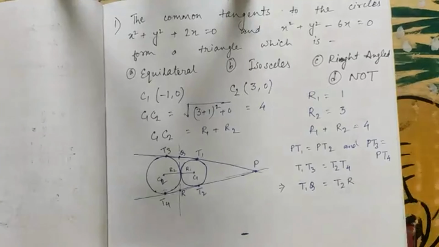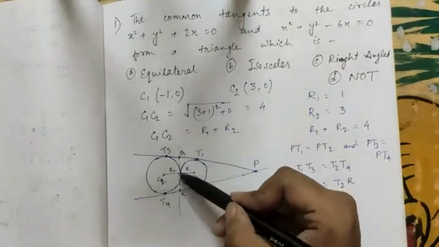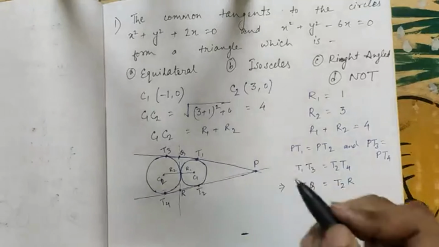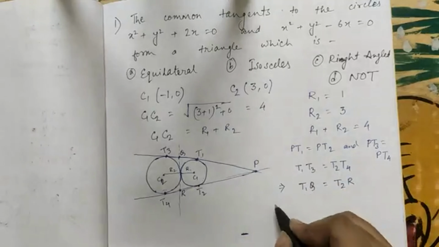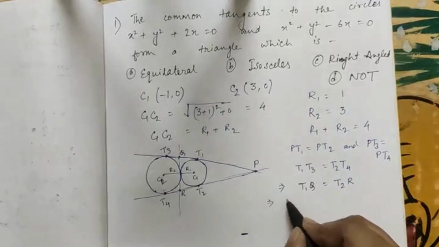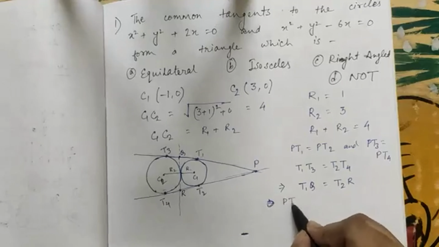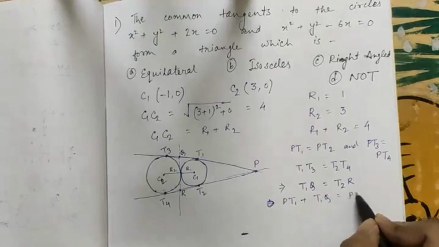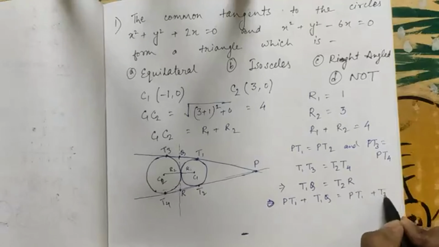Of course we can say this because from the symmetry of the figure we can get this. So now let's come to this one. PT1, we can write this as PT1 plus T1Q equals PT1 plus T2R.